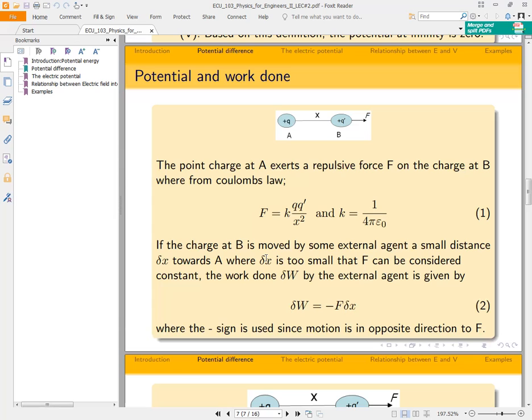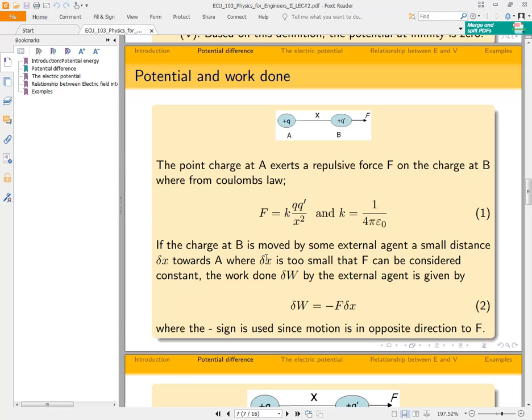If the charge at B is moved by some external agent through a small distance delta x towards A, where delta x is so small that F can be considered constant.